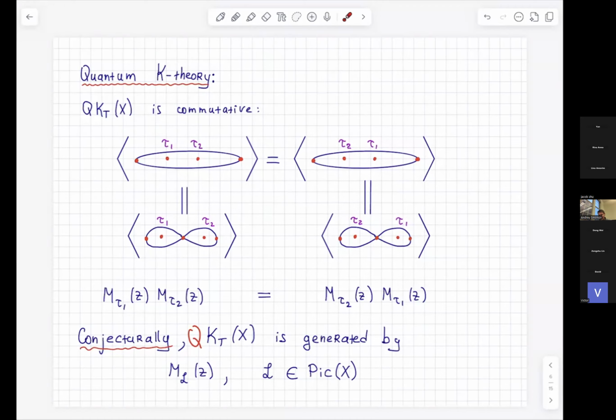Every Nakajima variety is equipped with a set of tautological line bundles. The number of those line bundles is the number of vertices in your quiver. And so the conjecture is that the joint spectrum of these finitely many operators is simple. And so they actually generate everything.